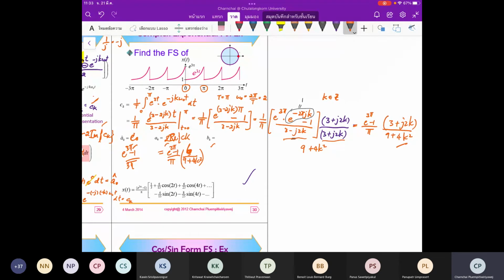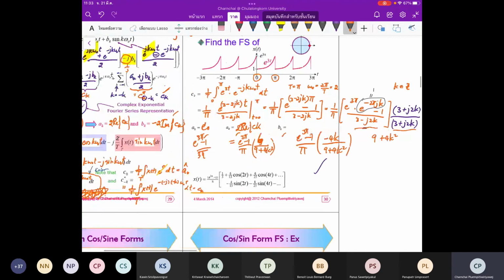And for bk, you get e to the 3 pi minus 1 over pi, twice times the negative, so it's times negative 4k over 9 plus 4k squared. That's how you get the imaginary parts.